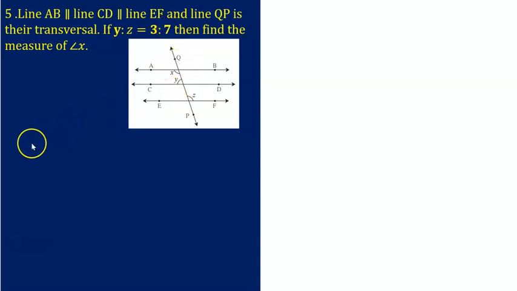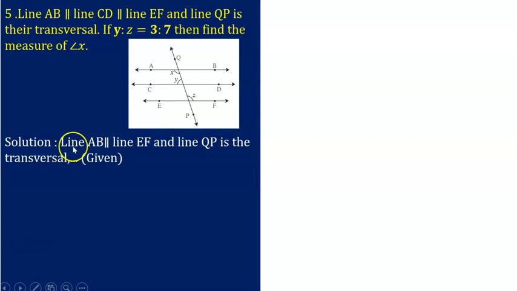Then we will get the value of m, which is 180 upon 10, that is 18. And then we will find the value of angle x, means what? The z. But z is 7m, that is 7 into 18, then you will get the measure of angle x. Now see this here step by step.